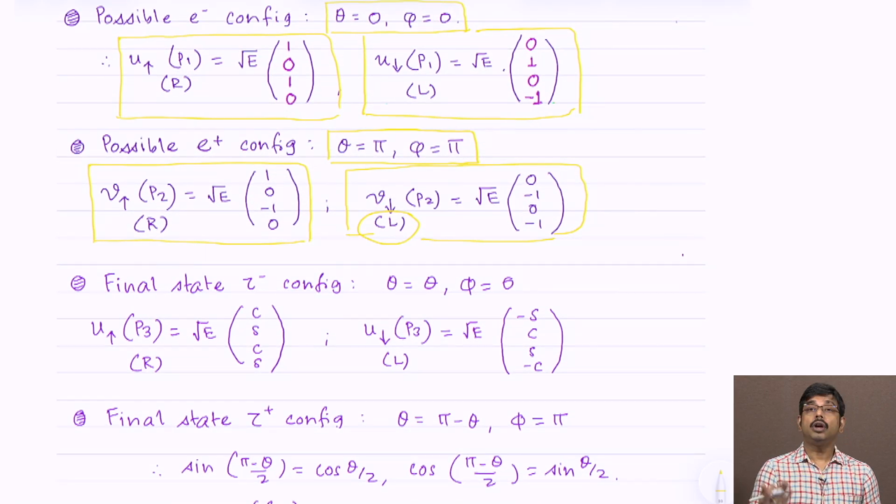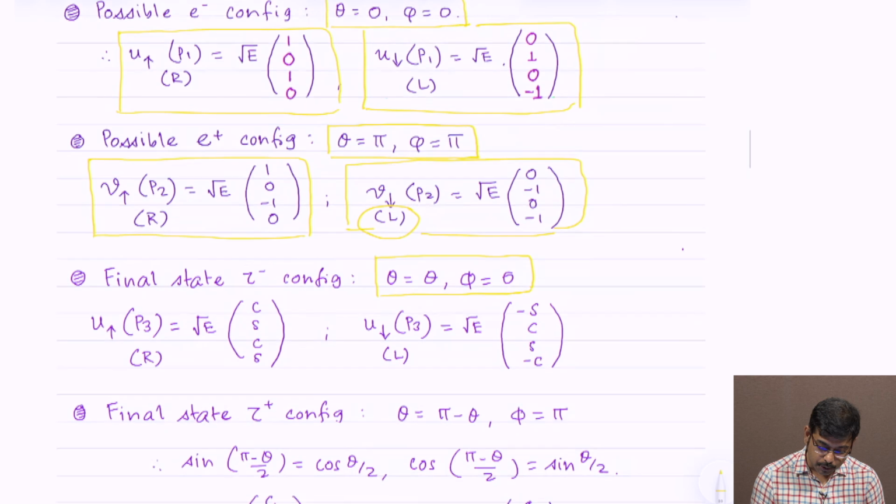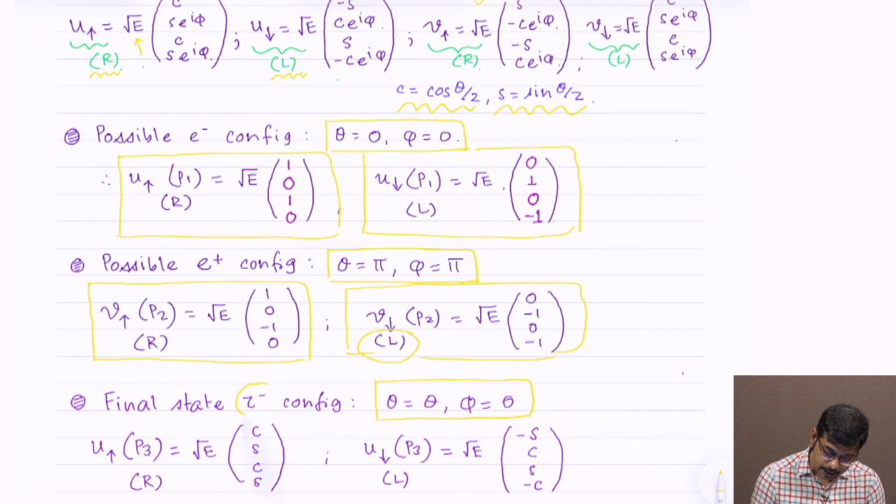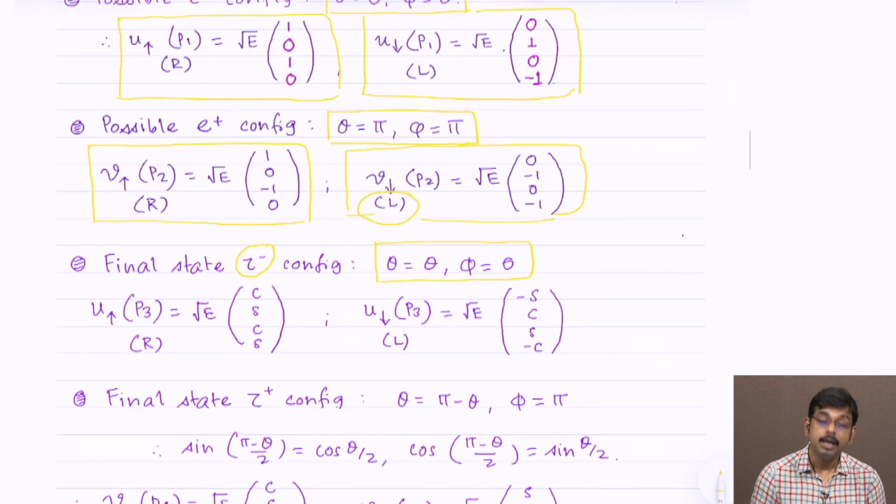Now, I also have to find the spinors for the final state tau configuration. Now, the tau is coming out at an angle theta with respect to z axis. So, you can say that this theta equal to theta and the phi is essentially equal to 0. So, with this your u up, the tau is a particle. So, you have to look for the particle spinors both right handed and left handed, but just putting theta equal to theta and phi equal to 0.